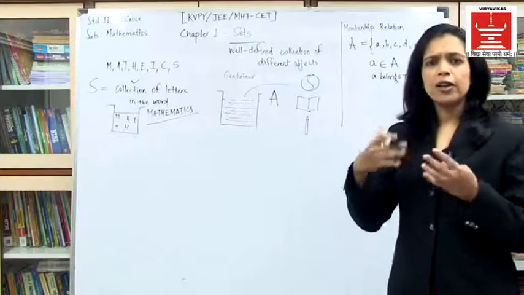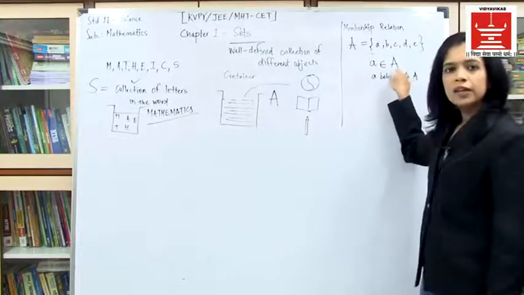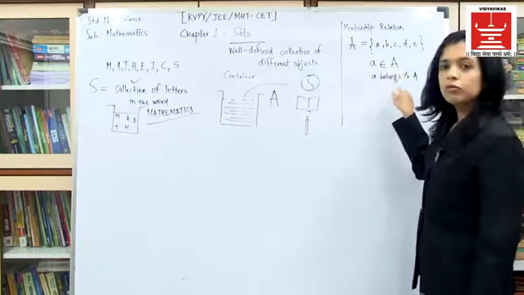There are various ways of saying the same thing. For example, we are saying a belongs to A in the symbolic form. This is the word form.